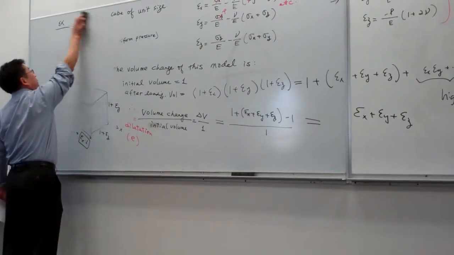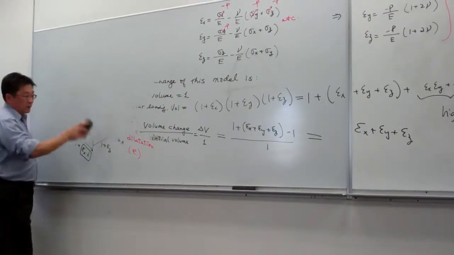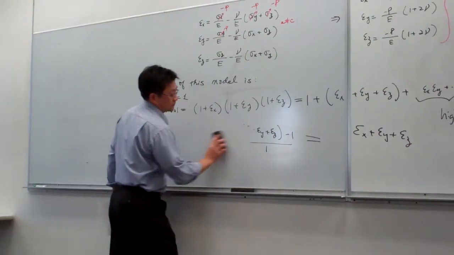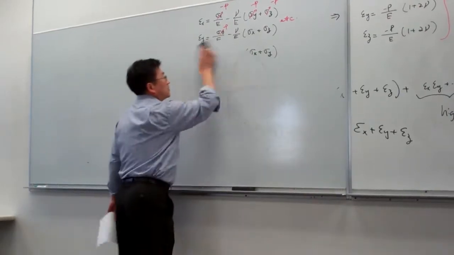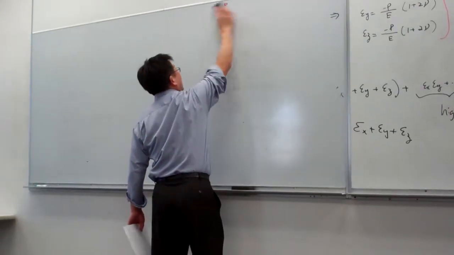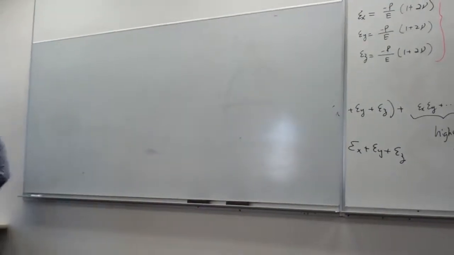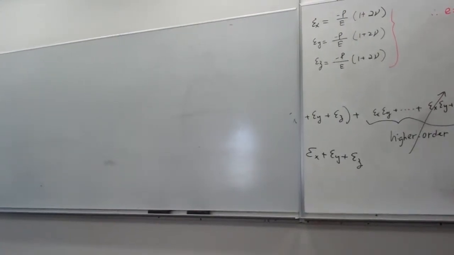So anytime you consider a change in volume, likely right away you have to pick up the bulk modulus for that kind of situation. Dilatation, volume change, that is the same thing, and bulk modulus, they always come together. The last one: right now, how many material properties do we have?